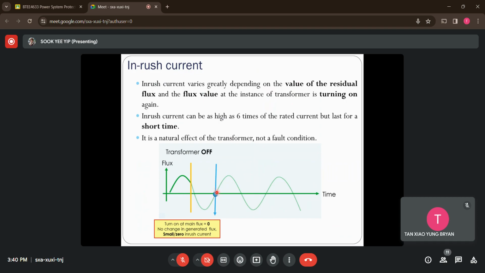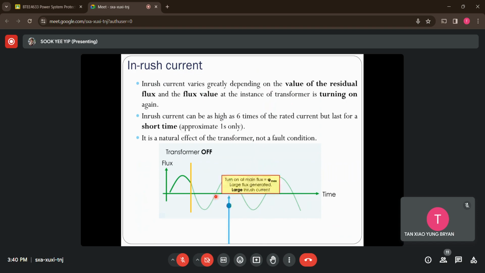So I can say the inrush current value could be almost close to 0 because there is no residual flux within the core. But what if I change the turning-on point to this point instead, whereby the main flux is reaching its maximum peak value?